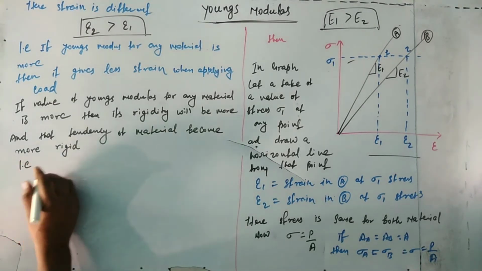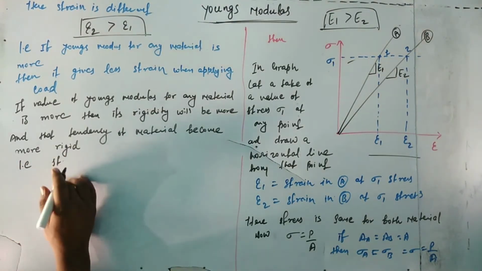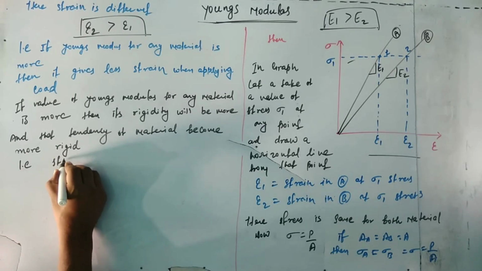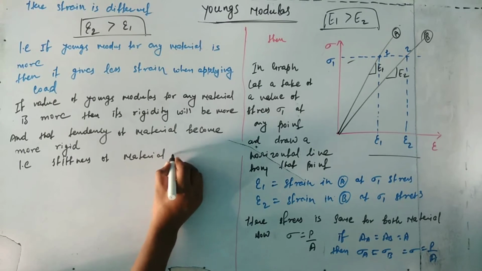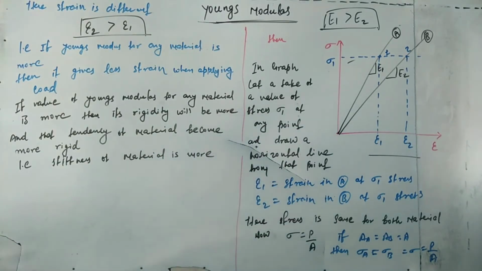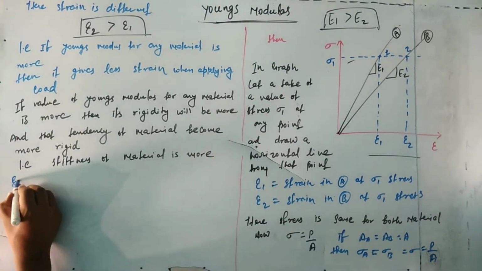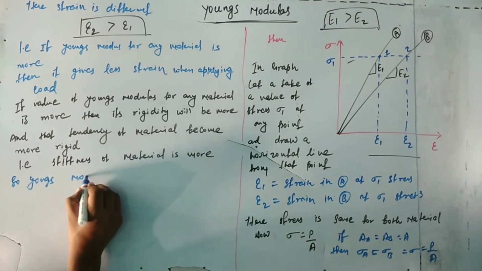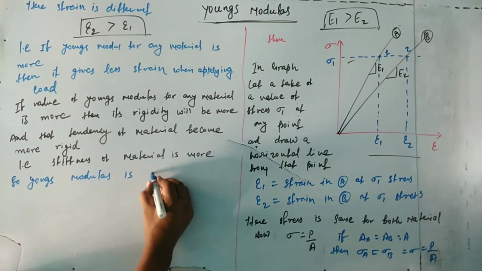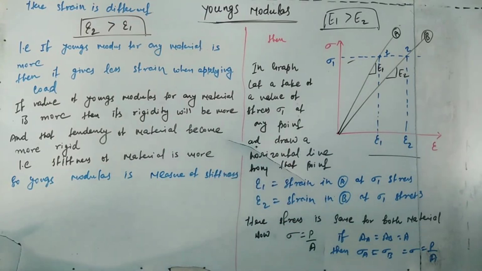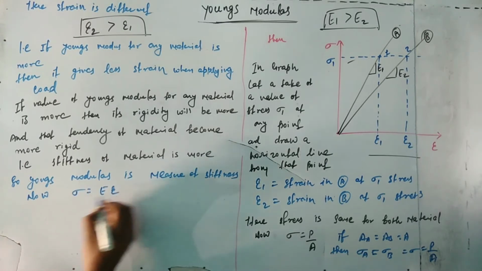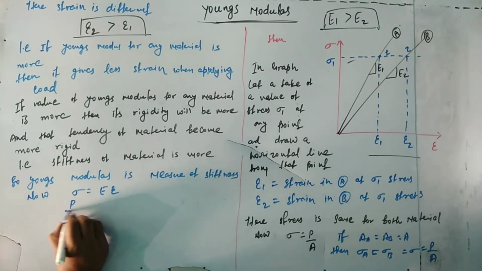We can say the material is stiff. So if Young's modulus for any material is more, then it gives less strain. Why? Because its rigidity is more, and that is why its stiffness is more. So Young's modulus is a measure of stiffness.